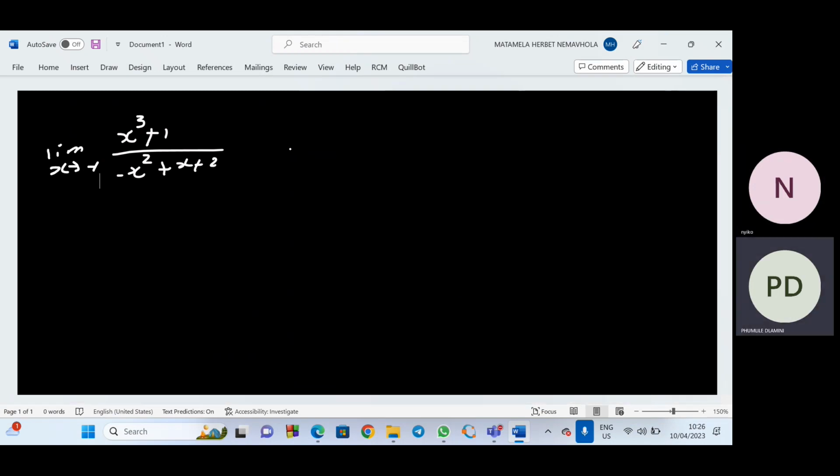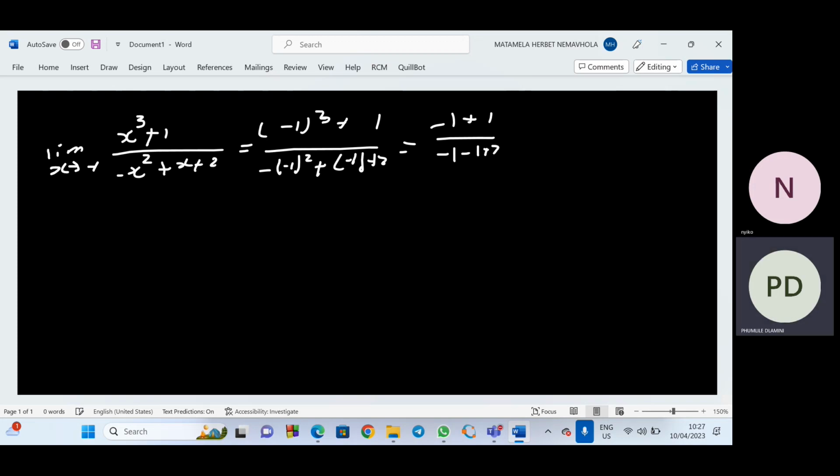In this one, if we substitute, we put (-1) cubed plus 1 over -(-1) squared plus (-1) plus 2. The answer you're going to find is -1 plus 1 over -1 minus 1 plus 2. So the answer becomes 0 over 0.